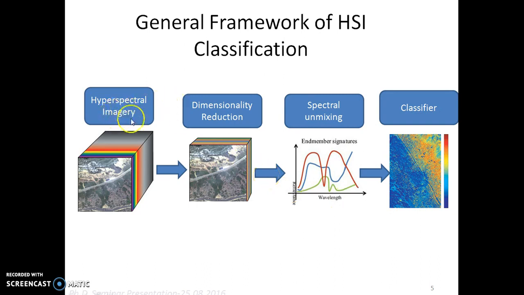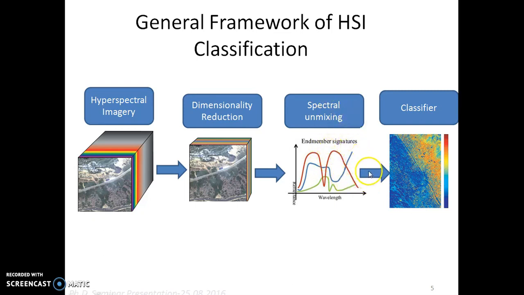If you have hyperspectral imagery with information over 200 bands, the first thing you have to do is reduce the dimensionality, and then it has to be given as a fraction of all the spectral information.